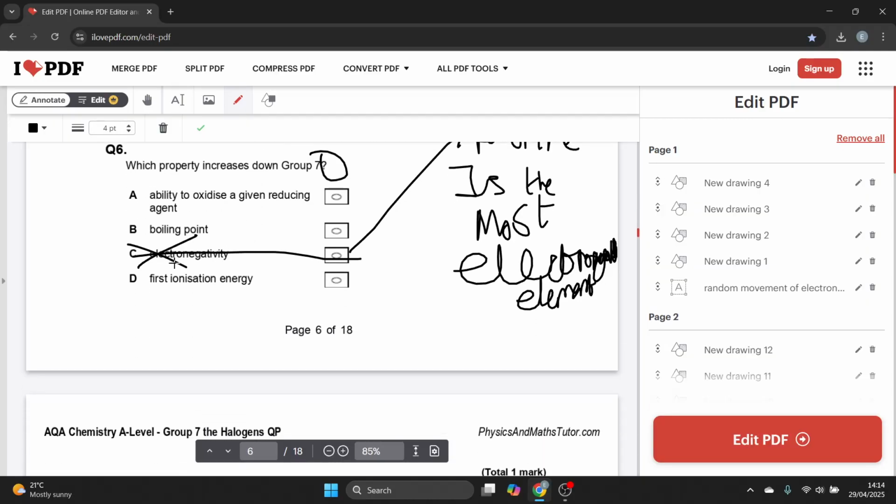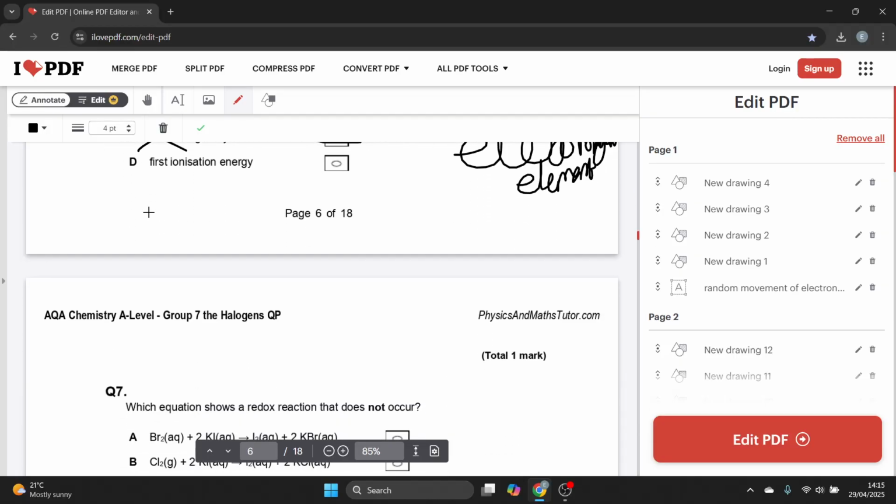First ionization energy, no. Boiling point, yeah, it's got to be boiling point. Boiling point increases down group 7.